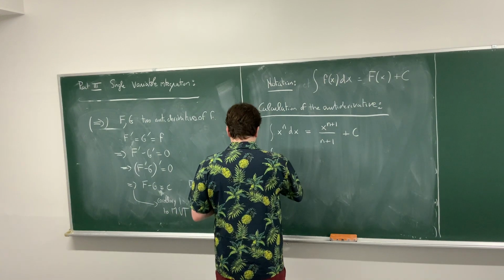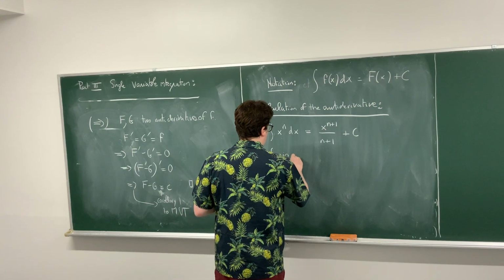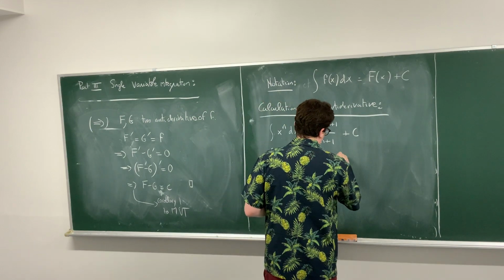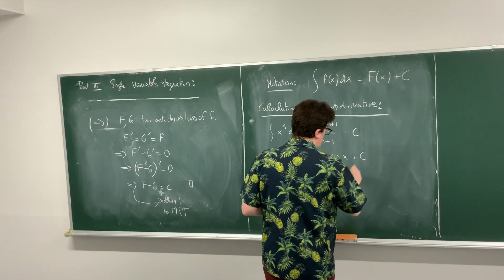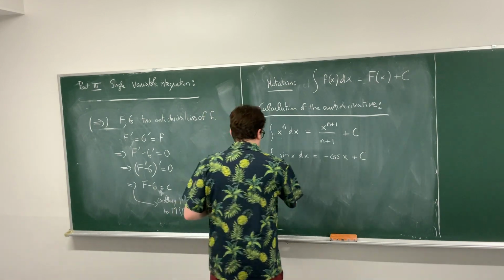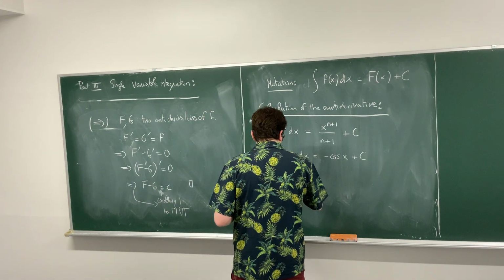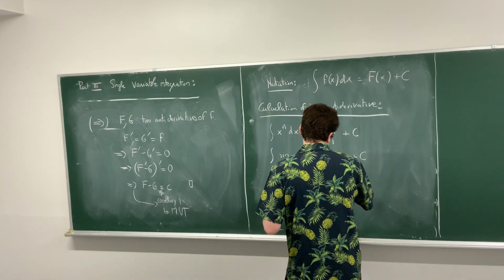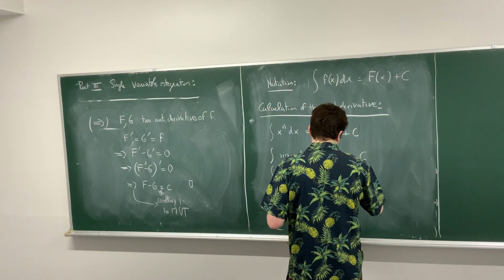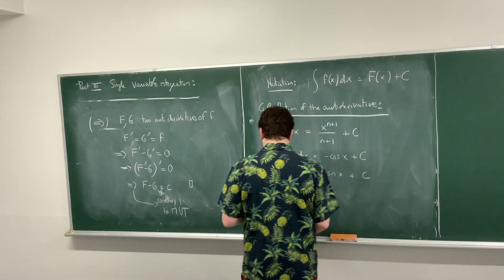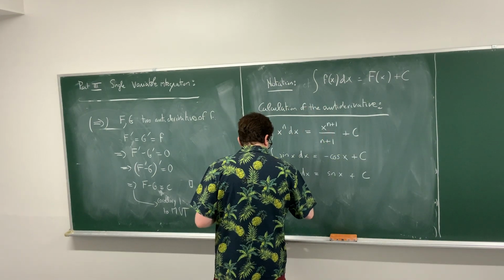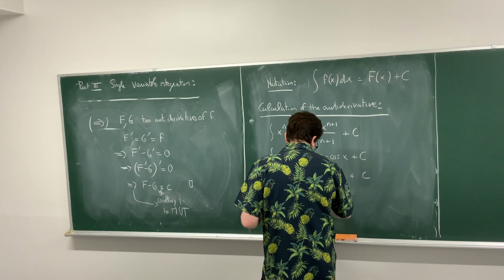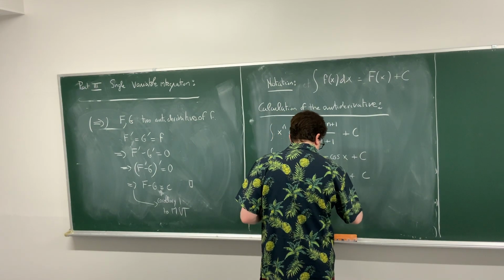The antiderivative of sine x dx is minus cos x plus the constant c, while the antiderivative of cos x dx is sine x plus c. And the antiderivative of the exponential is the exponential plus c.